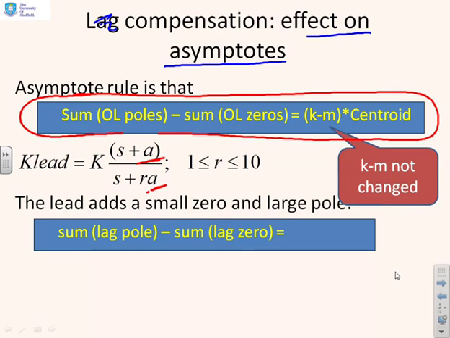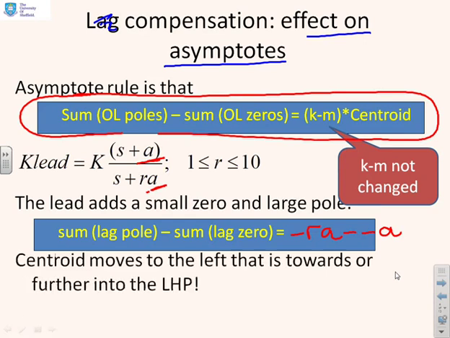Well, the pole is at -Ra, and the zero is at -a. So this is the change that we're going to get to that overall sum. So if we look at the change in the centroid position, delta C, it's going to be (a - Ra) over (k - m).